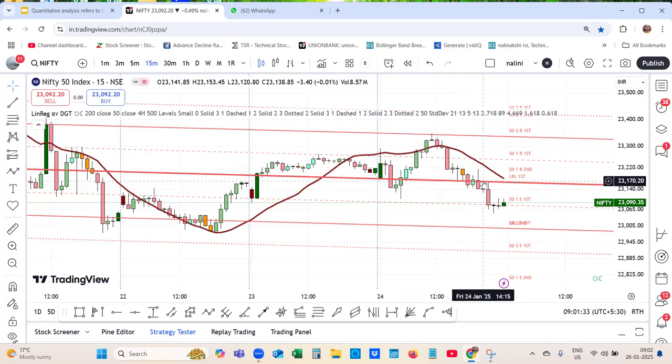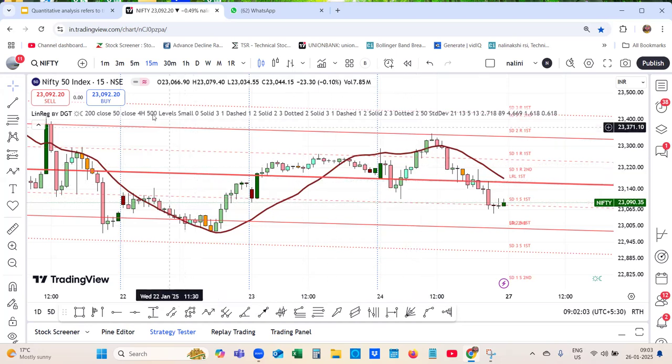It started going below this best fit line, the regression line, indicating the trend is down. You can see in this candle, price tried to move higher, it got rejected. So it acted as resistance. It can act as support for your intraday trade.